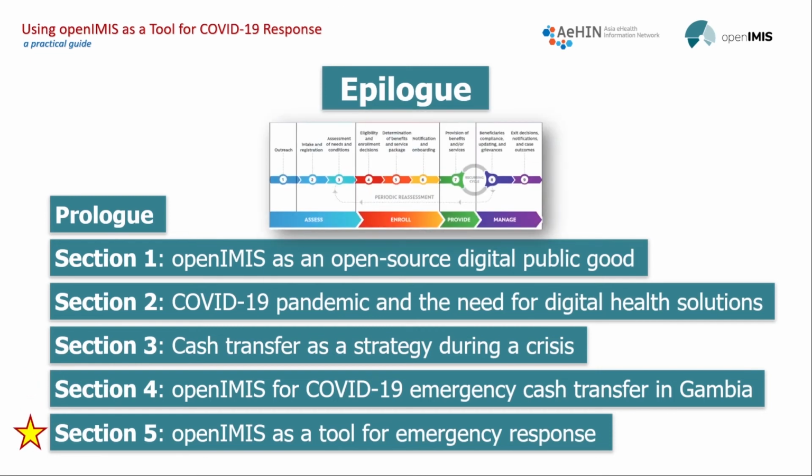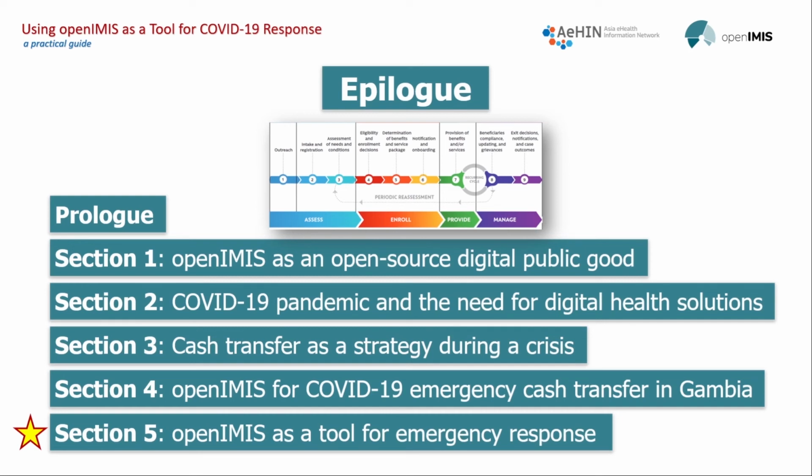In Section 5, we utilized the delivery systems framework in order to better visualize how openIMIS can be utilized for a specific cash transfer scheme. This framework is composed of 4 stages divided into 9 phases: outreach, intake and registration, assessment of needs, eligibility and enrollment, determination of packages, notification and onboarding, provision of benefits, compliance and updating of grievances, and exit decisions and outcomes.